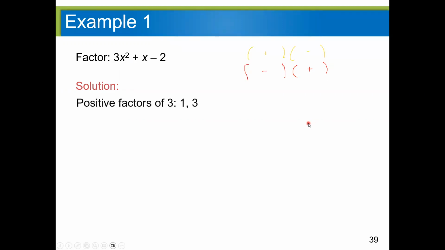For my a, I have a 1 and a 3. And then for my c, I have a bunch of 1s and 2s, right? I can factor out my first and I can factor out my last. So I know my first part needs to have a 1 and a 3, but again, where? And the last part of my binomial needs to be 1s and 2s, again though, where?